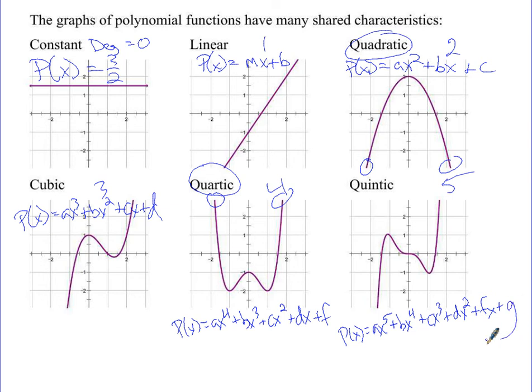Okay, so you get the idea. We can assign letters to the coefficients on each of those terms to generate the standard form for any one of these polynomials. Okay? It's just patterns. There's a lot of patterns in this chapter, and the sooner you start to see those patterns, the better off you're going to be. Here's one of your first patterns right here: how we generate standard form for polynomials.